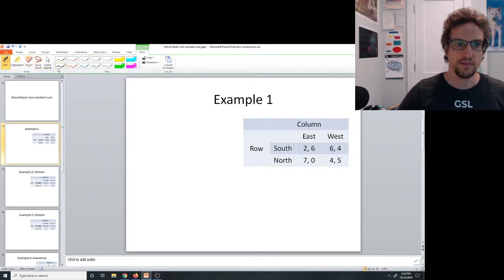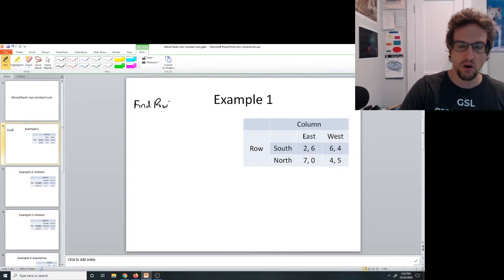But the good news is that mathematically these are the exact same problems as the problems that are constant sum. So to find row's mix, I want to say that P is percent south and 1 minus P is percent north.